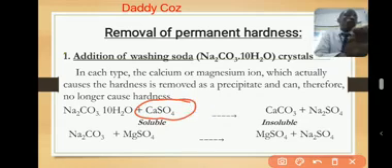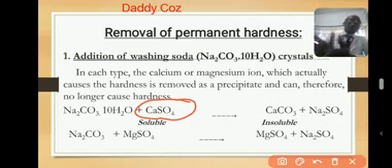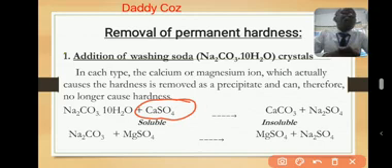CaSO4, MgSO4, the sulfates of calcium and magnesium cause permanent hardness, while the bicarbonates of calcium and magnesium cause temporary hardness. So when you are sure this compound is calcium sulfate, you cannot remove the hardness by boiling. So how do you remove the hardness?